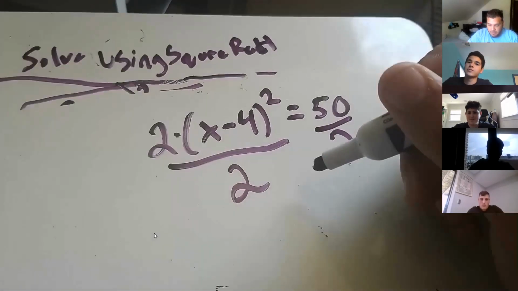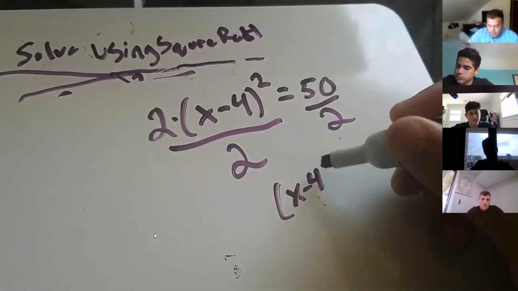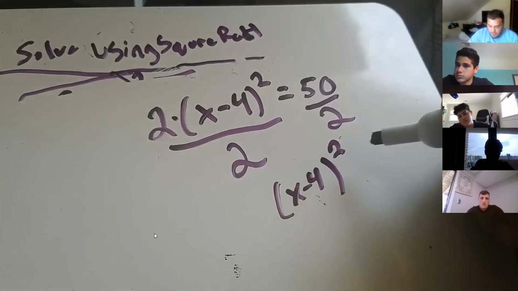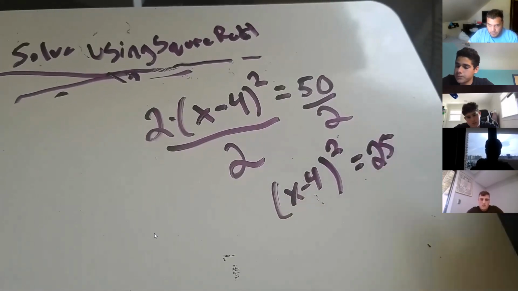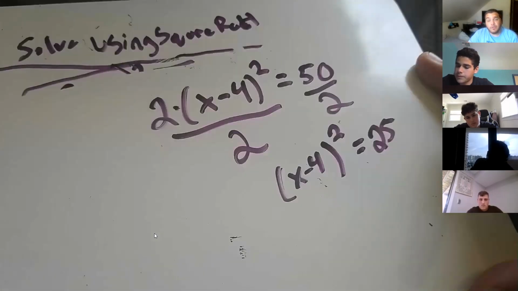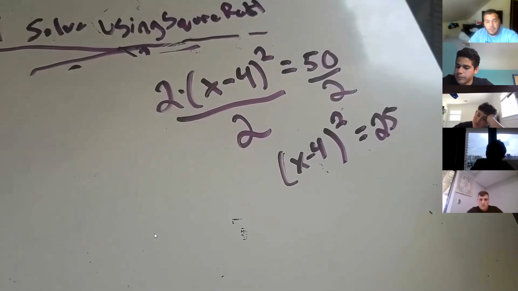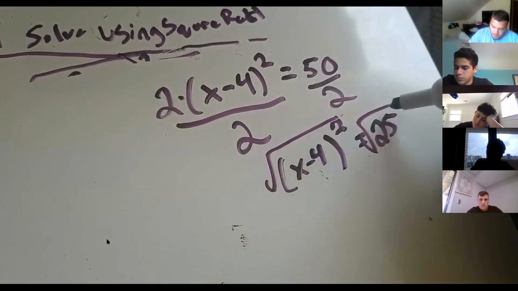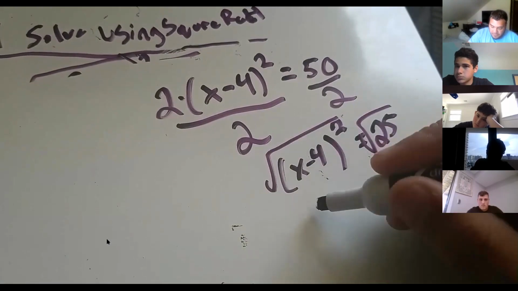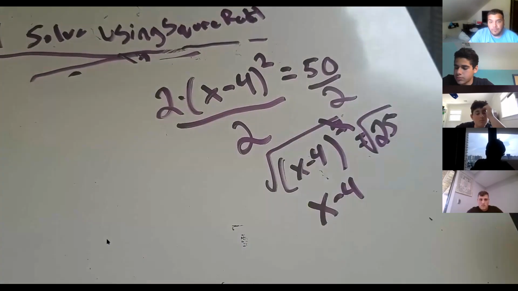So now I'm left with (x minus 4) squared equals 25. From that point on, we're going to do what we know best, which is square root both sides. What happens on the left is just going to be x minus 4, because the square and the square root cancel.